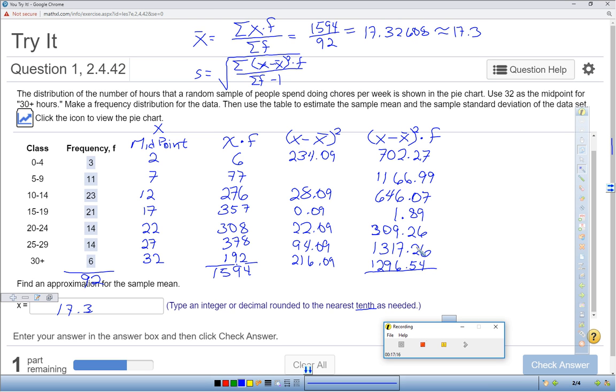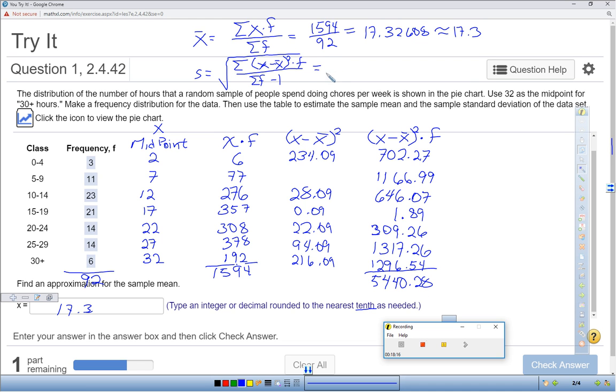So 702.27 plus 1166.99 plus 646.07 plus 1.89 plus 309.26 plus 1317.26 plus 1296.54 equals, and the summation I got is 5440.28.